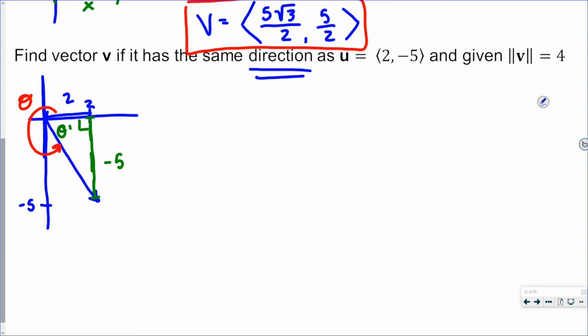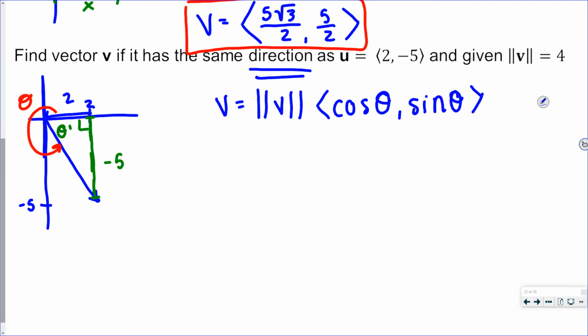To find the component form of the vector, all we need to do is find the magnitude times the cosine of the direction angle, times the sine of the direction angle. So we can just use our picture to find the cosine of theta using the right triangle, without actually finding the numerical value of the angle.